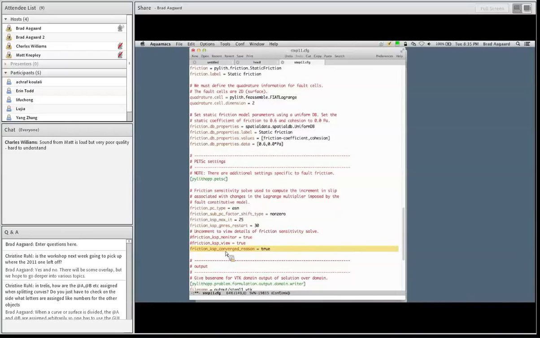Generally what we do is we keep this friction KSP converge region equal to true. So that tells me whether I have enough maximum iterations set here.